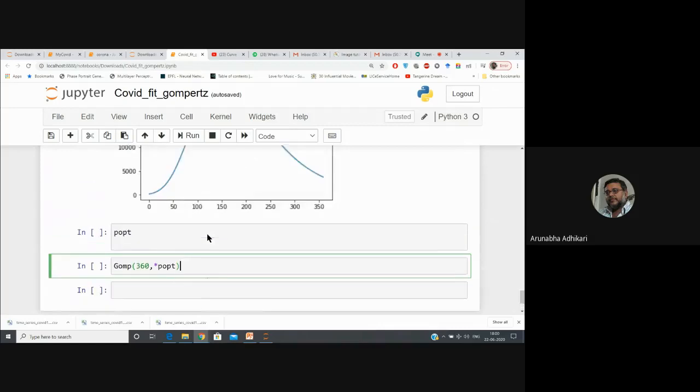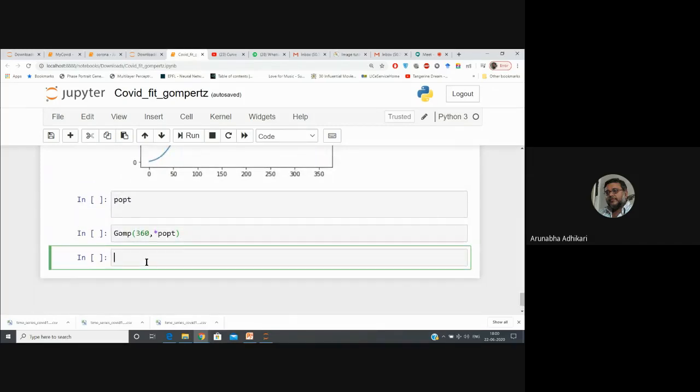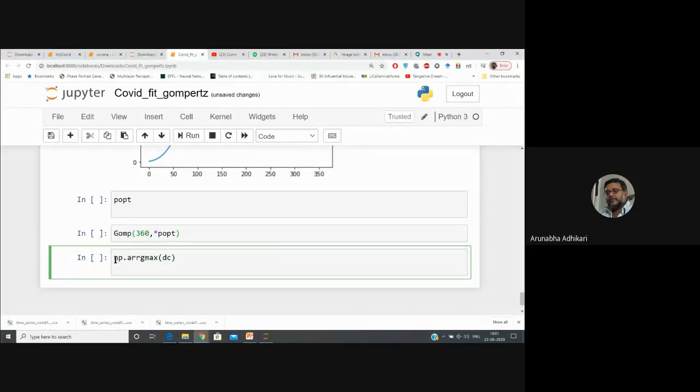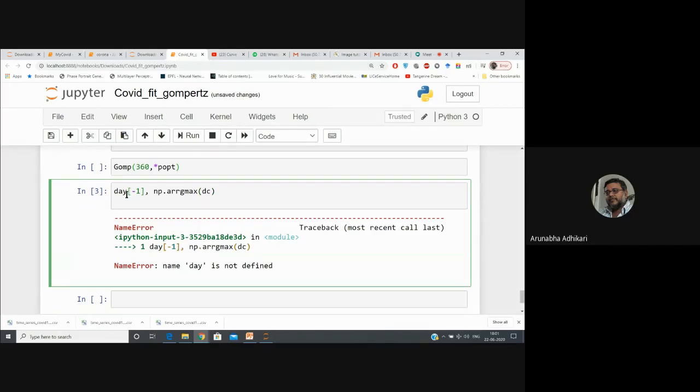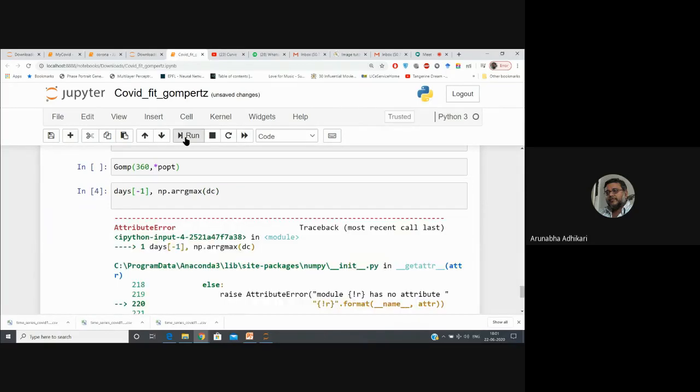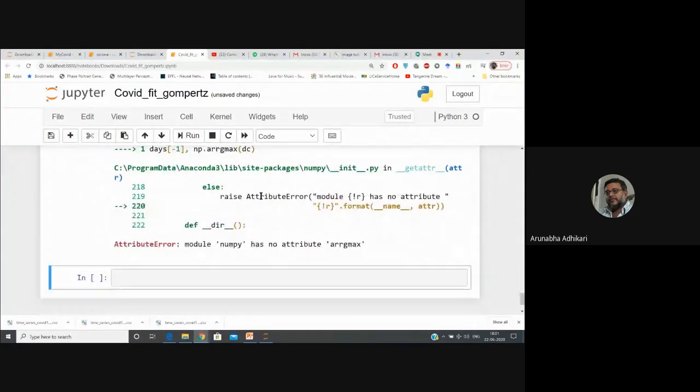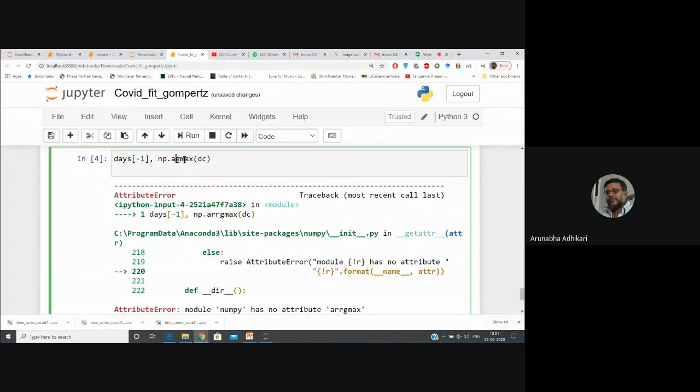So if I, for example, ask for the np.argmax of the fitted daily cases, that will tell me when the peak occurs.